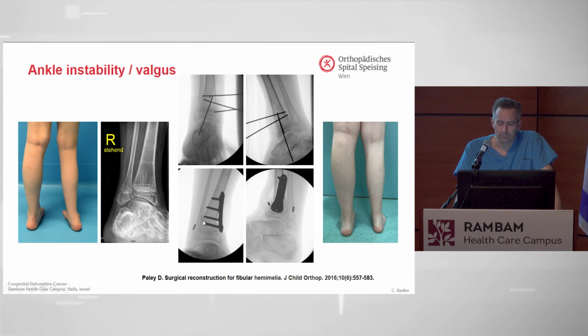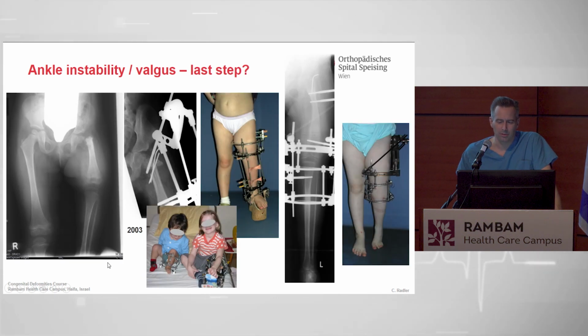You need to cut the syndesmosis ligaments to succeed with this, and then you need to reconstruct it afterwards with a plate and with a TightRope. And yeah, this works quite nicely. I think there is maybe an age limit because the joints still need to adapt to this new situation. I'm not sure where the age limit is where adaptation is not possible. So sometimes the ankle can be the last step.